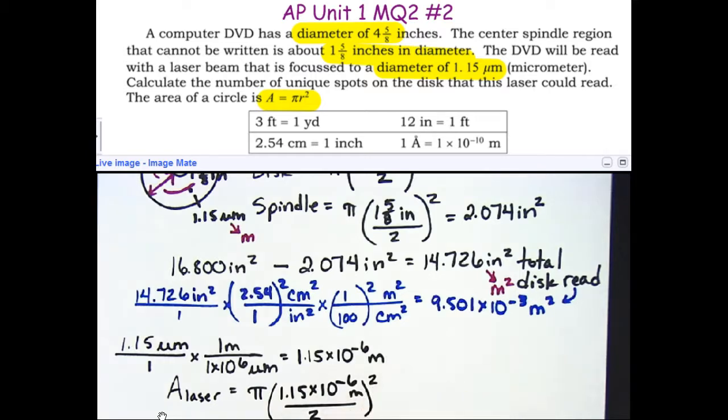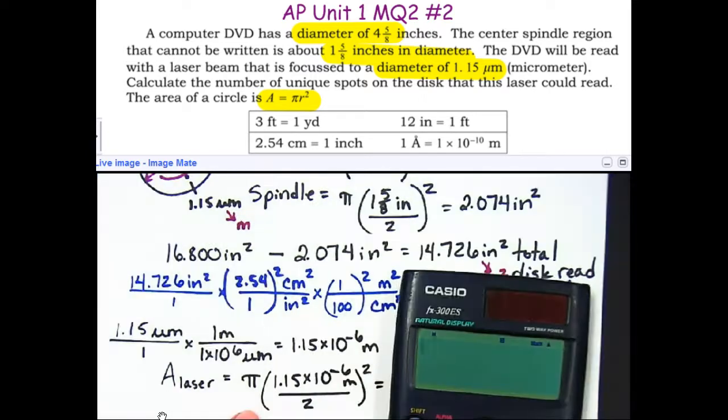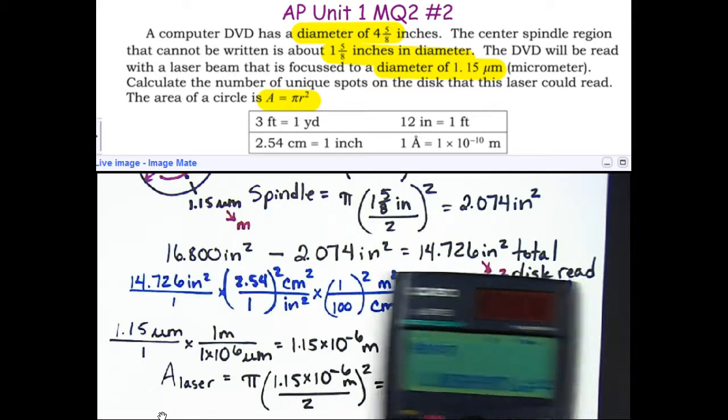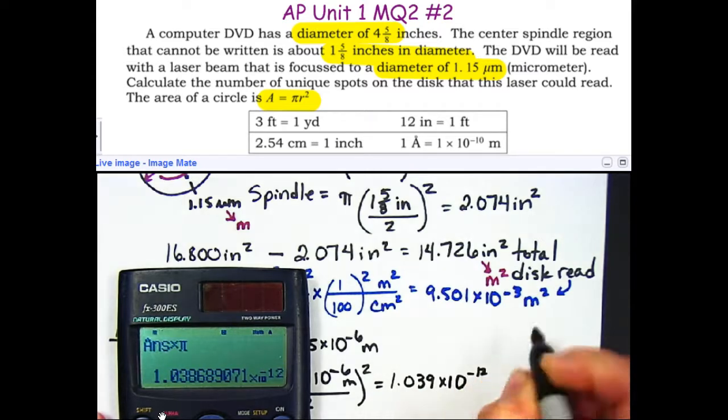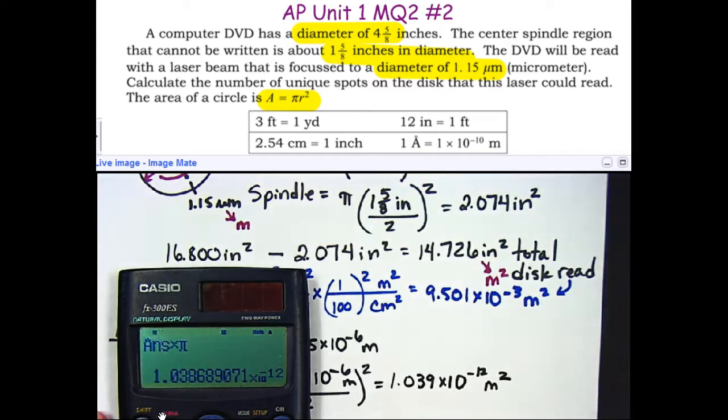We need the radius, and then squared. 1.15 times 10 to the negative 6, put in parentheses, divide that by 2, then square that value, and then multiply that times pi. Okay, we get 1.039 times 10 to the negative 12 meters squared, and that's going to be the area of the laser.